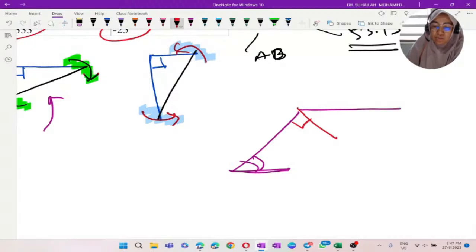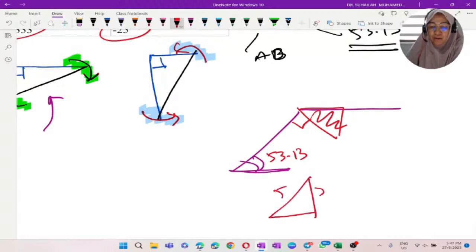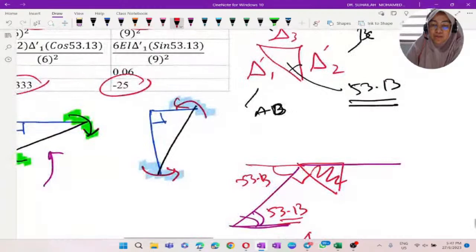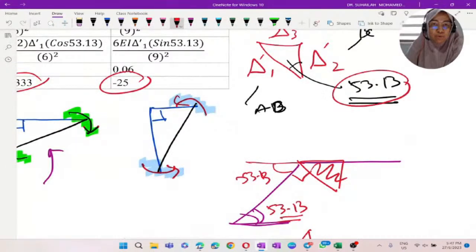the triangle is located here. So we determine this as 53.13 using mathematical fundamentals.